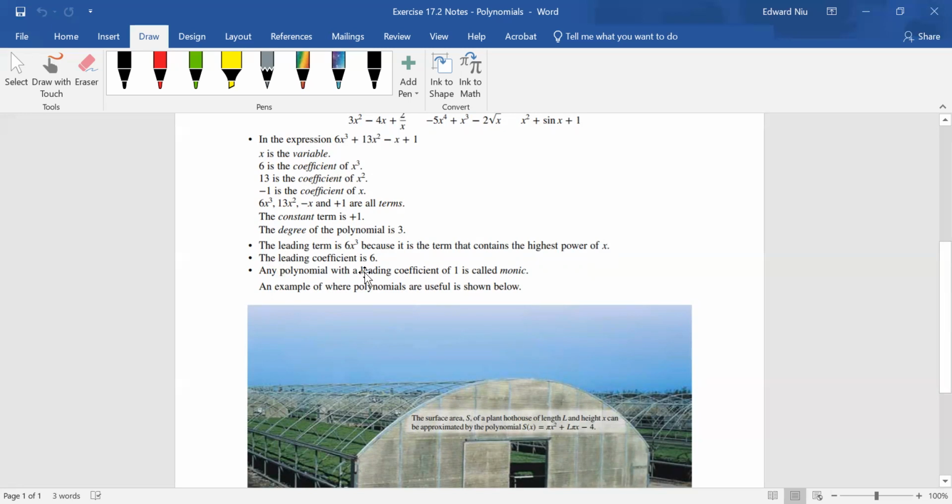The leading coefficient is 6 because the leading term is 6x cubed, and any polynomial with a leading coefficient of 1 is called monic, just like the quadratic equations where we dealt with monic and non-monic factorization. All right. Anytime the coefficient in front of the x cubed is not 1, that's non-monic. So 6x cubed plus 13x squared take away x plus 1 here is a non-monic expression.